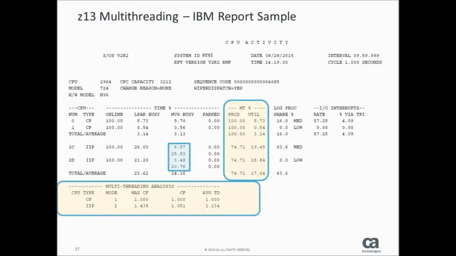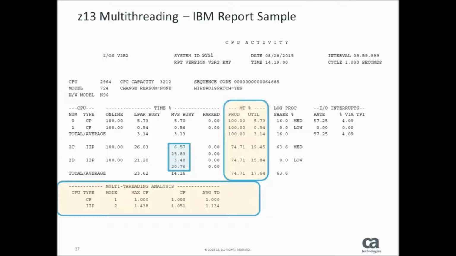So here, you can see that this is the dispatch busy, the 26.03. This is a core ID, a zip core of 2 Charlie and 2 Dog. It was online 100% of the time. The LPAR busy, that's the PR/SM dispatch time, basically, effective dispatch time.